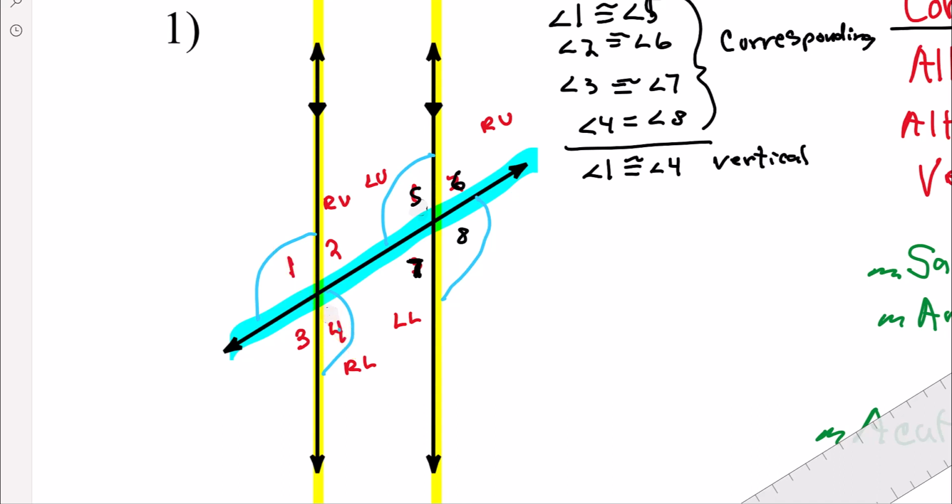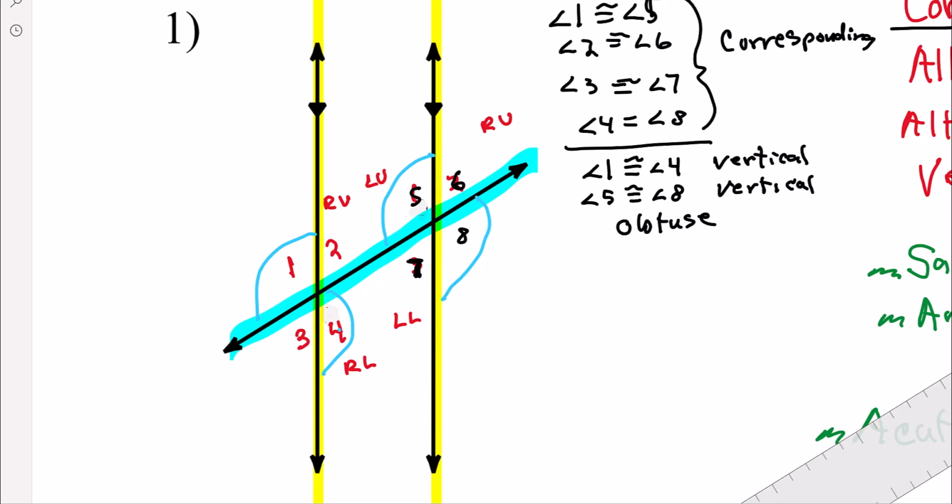Okay, now we've got angle 5 and angle 8 are congruent because they are vertical angles. But the one thing I wanted you to notice, all of those angles that I just named, 1, 4, 5, and 8, they are all obtuse.